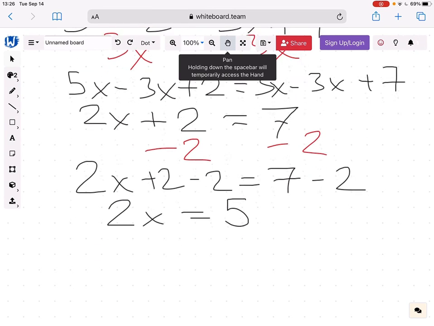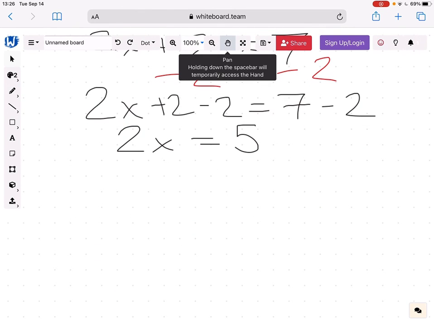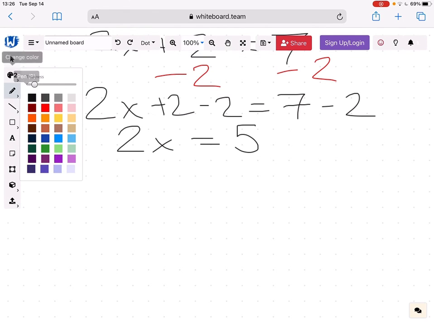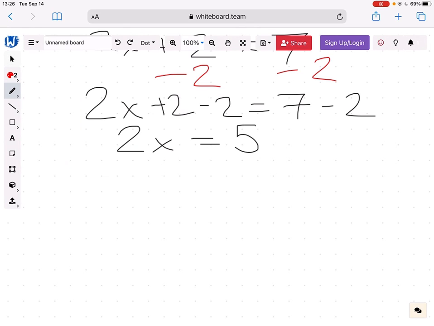Now, what we do, we have 2 x's on the left, but we need just 1. We need half of what we have. How to get a half? Well, we need to divide by 2. But again, what we do on the left, we should do the same thing on the right.